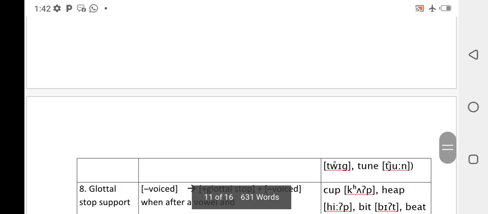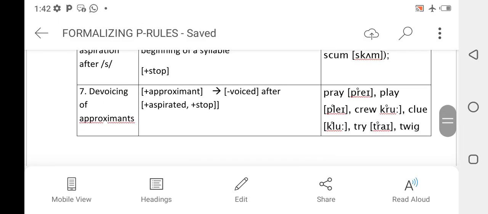This is plus approximant, which means they are approximants. So we have the approximants w, letter W sounds w, and letter Y sounds y. We also call them semi-vowels or approximants. They are realized as minus voice, so they become voiceless after an aspirated stop.